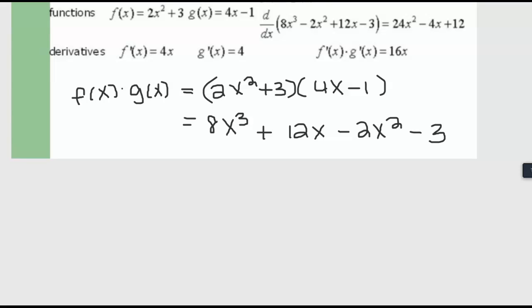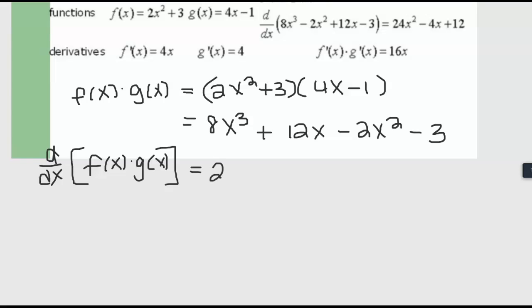So the function f times g would be equal to that. The derivative of that then would be equal to 24x squared plus 12 minus 4x, and then a 0.